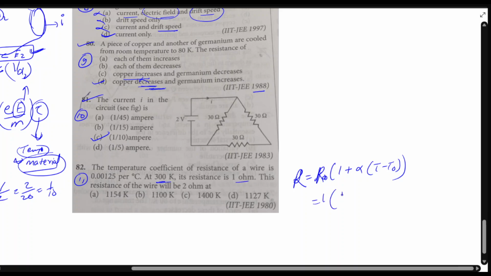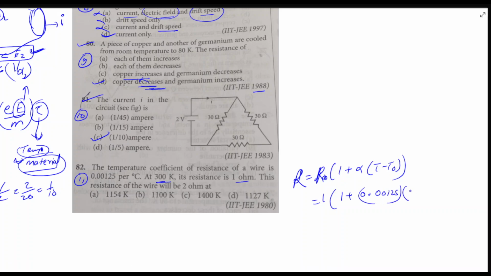So this is 1 into 1 plus 0.00125 into T, the temperature we have to find, minus T naught. Let's put this in degrees Celsius, or you can put it in Kelvin, the answer will be the same. So let's just put it in Kelvin, so it will be 300.